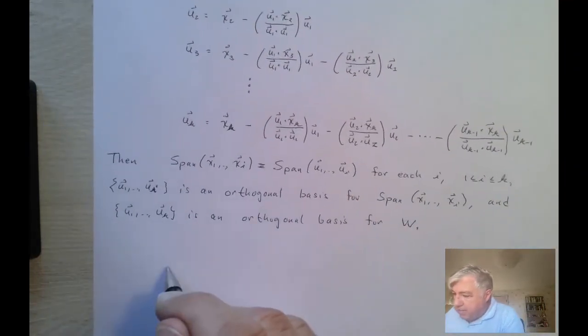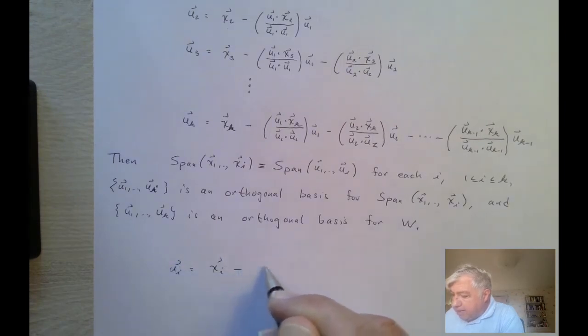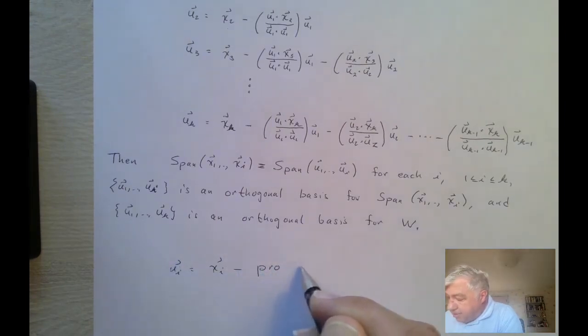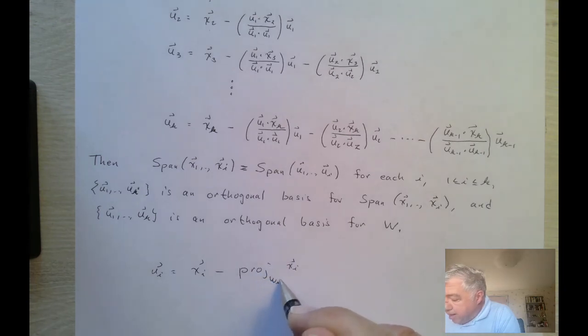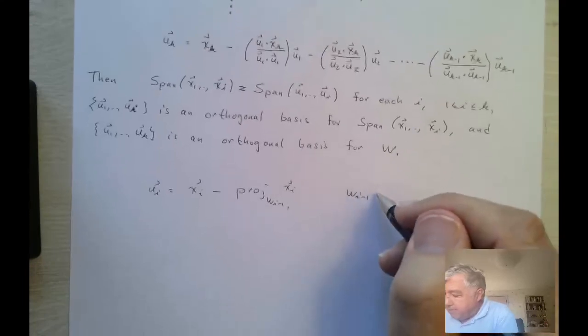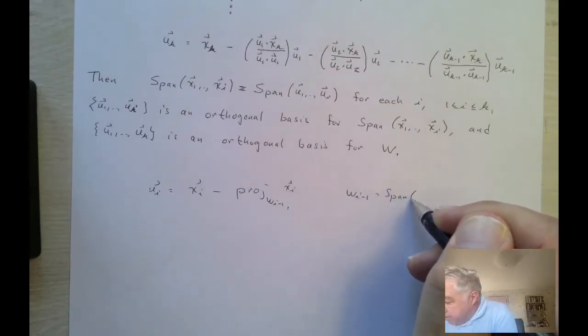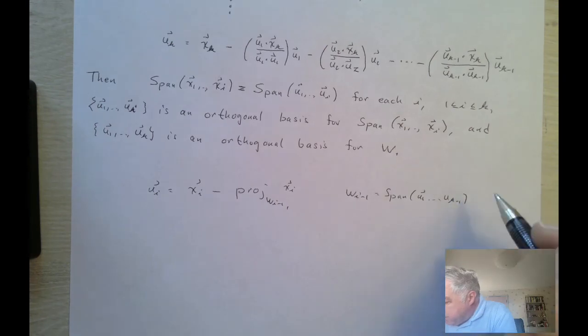At each step, ui is just xi minus the projection of xi into this intermediate subspace, w sub i minus 1, which is the span of u1 through u(i minus 1).